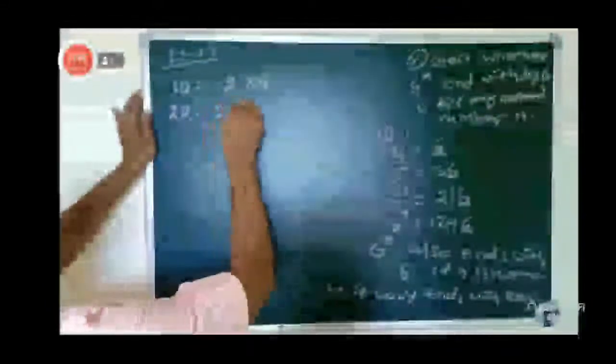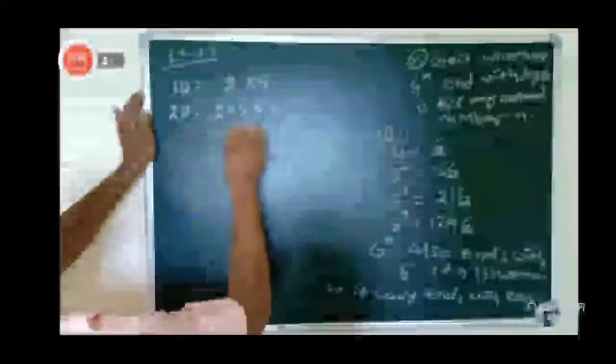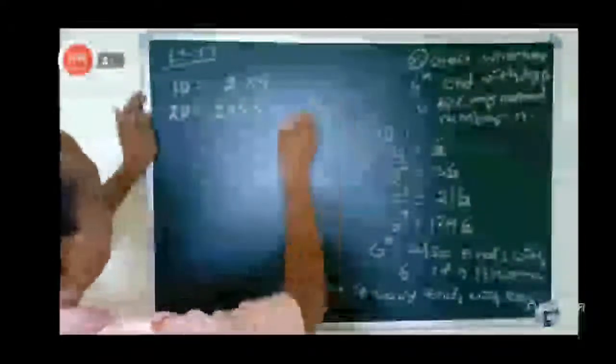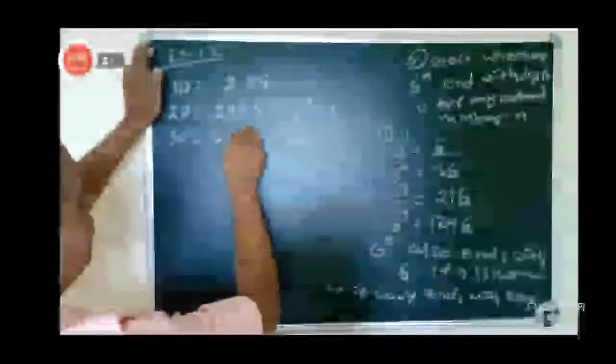Secondly, how can you find out whether 6 to the power n ends with 0? Any number that ends with 0, suppose we take 10. 10 equals 2 into 5. 20 equals 2 into 2 into 5, which equals 2 square into 5. 30 equals 2 into 3 into 5. 40 equals 2 into 2 into 2 into 5. 50 equals 2 into 5 into 5.